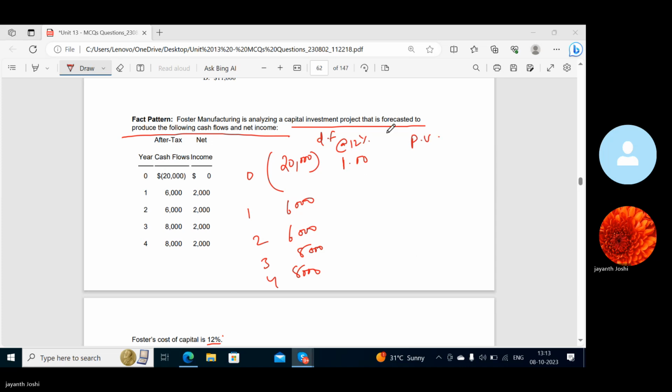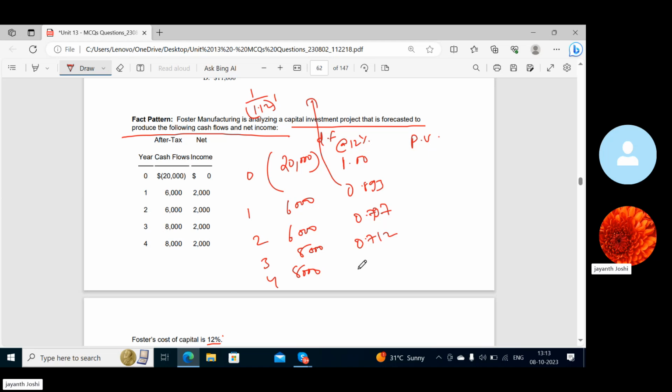Then 0.893 at the rate of 12%. How I got this? 1 by 1.12 to the power 1. The second one 0.797, then 0.712, and then 0.636. You multiply these two and you'll get the present values.